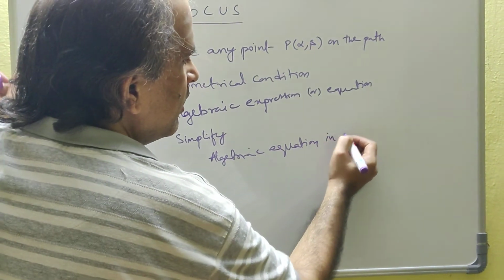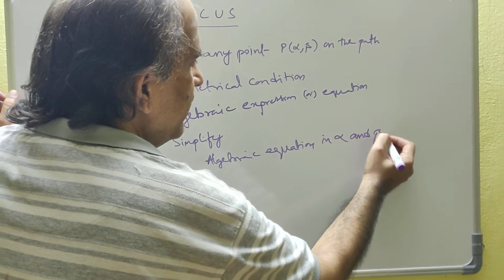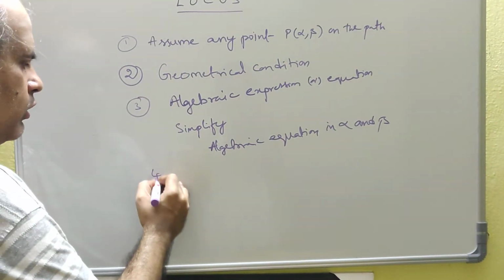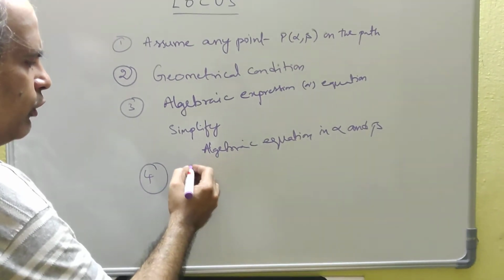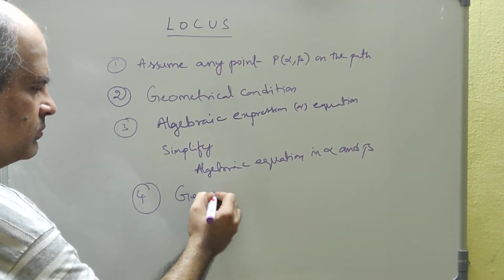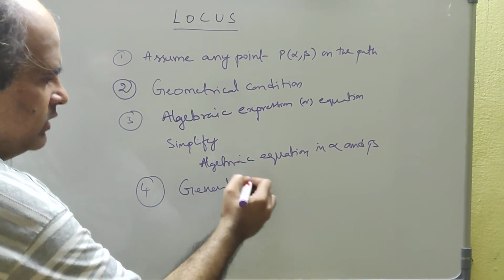in alpha and beta. Then what you are going to do? In the last step, you need to generalize that. Generalize.